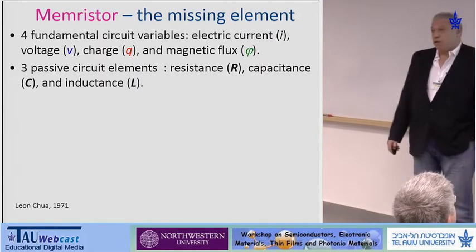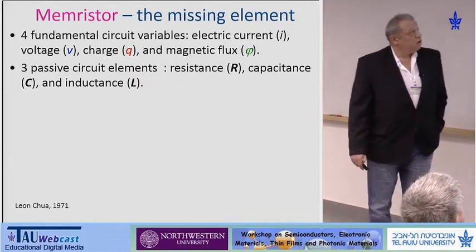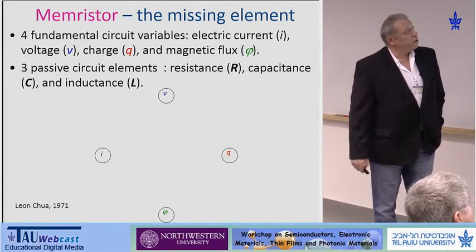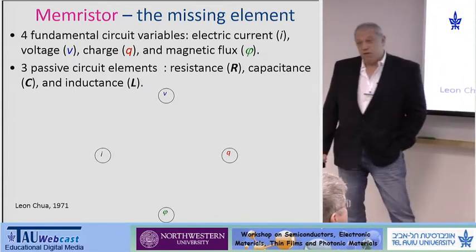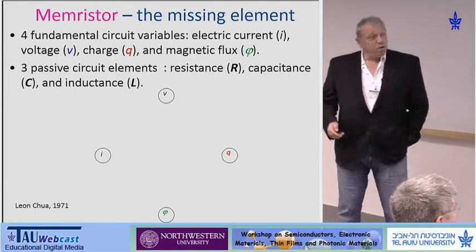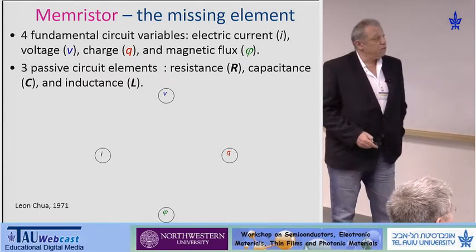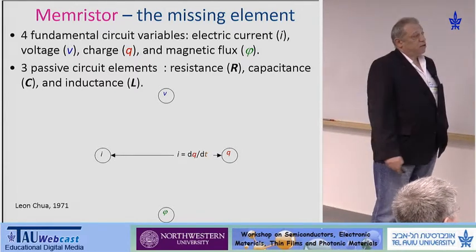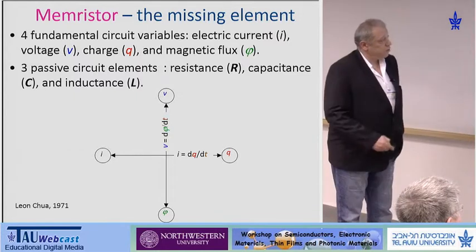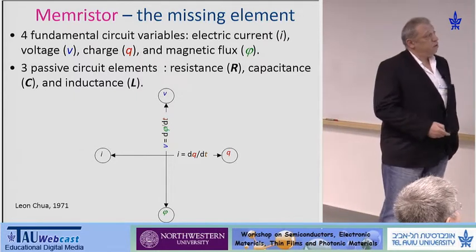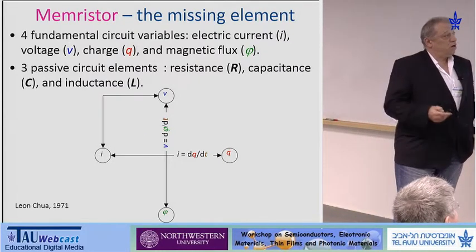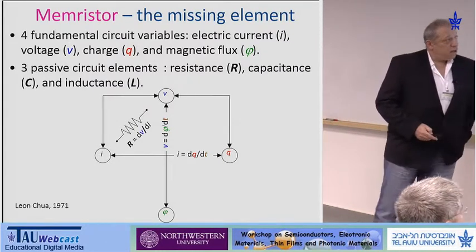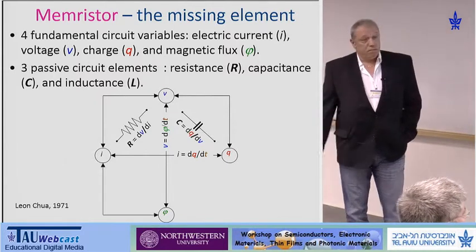All right, for those of us who are not familiar with the concept of memristors, we know the four fundamental circuit variables: current, voltage, magnetic flux, and charge. And we know almost all the relations between all of them, such as this. And of course, from that, we derive the three passive circuit elements, which are the resistor, capacitor, and inductor.